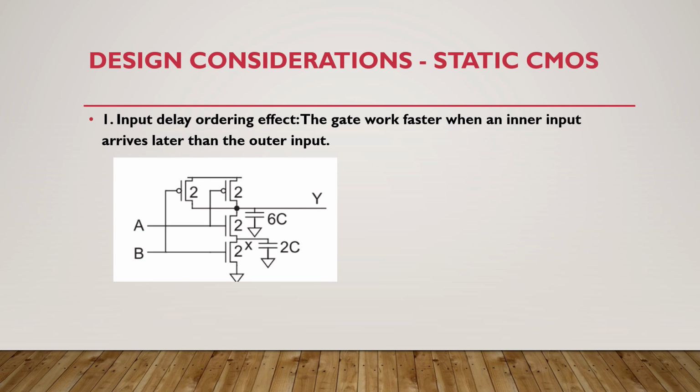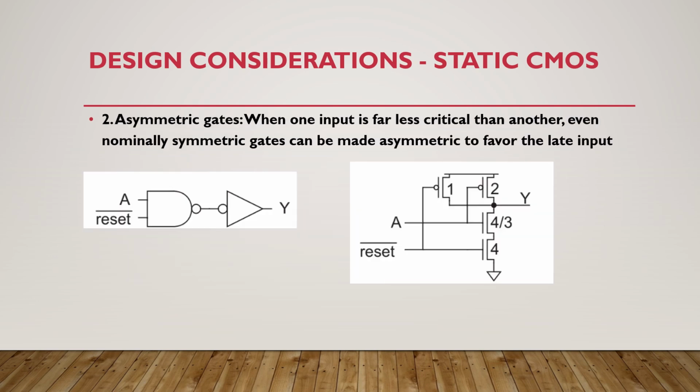The next design consideration is asymmetric gates. If any one of the inputs is far less critical than the other, we can convert our symmetrical gate into an asymmetrical gate to favor that particular input. For example, I am taking this circuit. In this circuit, we have two inputs, A and B. Which one is critical?